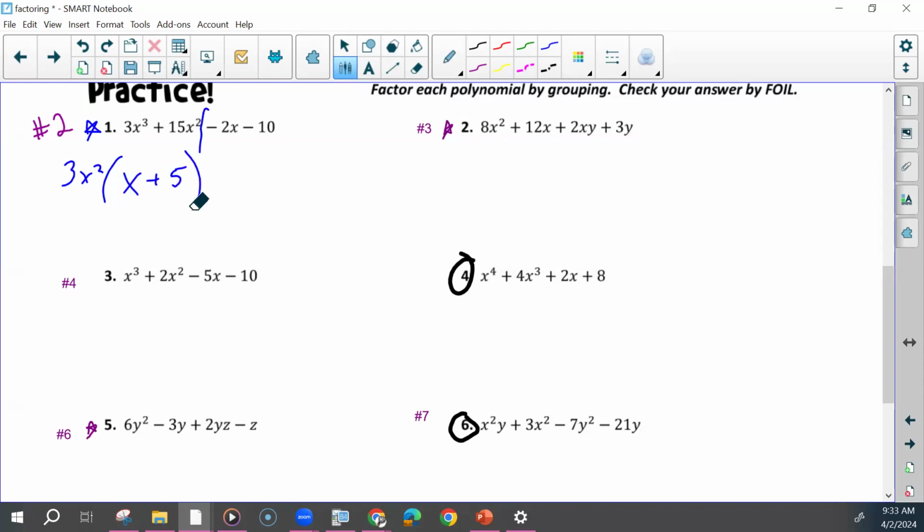And then what could we divide out of those last two? What do they have in common?